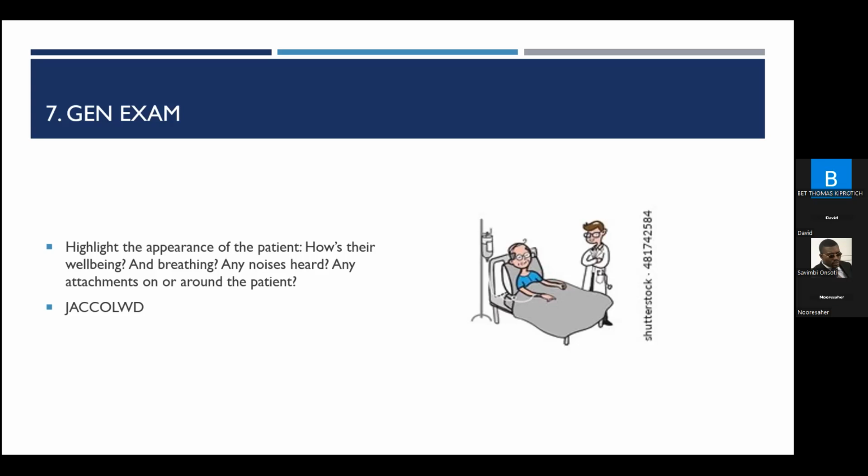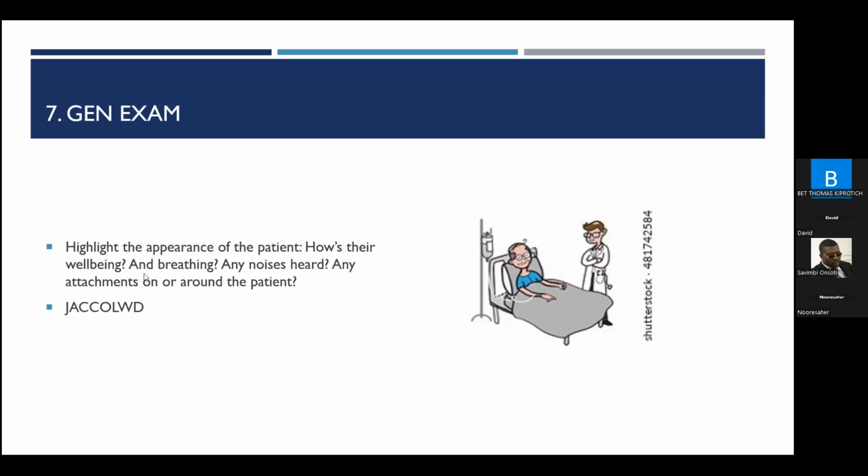They could also be using accessory muscles, the likes of sternocleidomastoid, abdominal muscles. These are things you have to comment on and bring out when you start your general exam. Remember, you should be able to help someone visualize a patient even if they were blind.